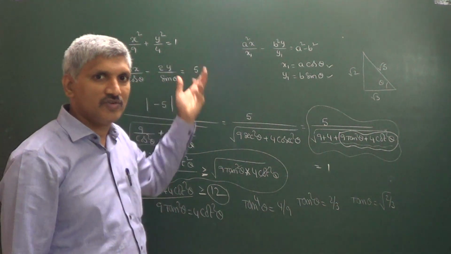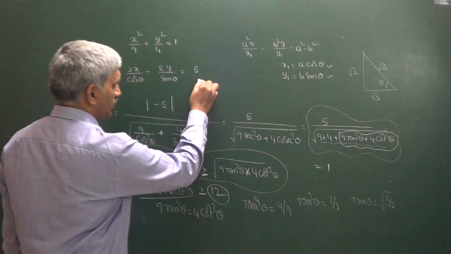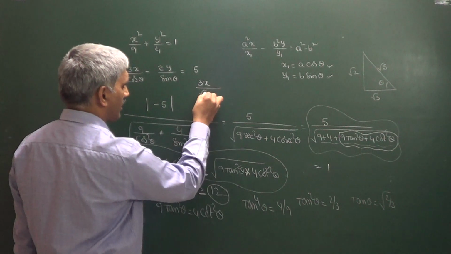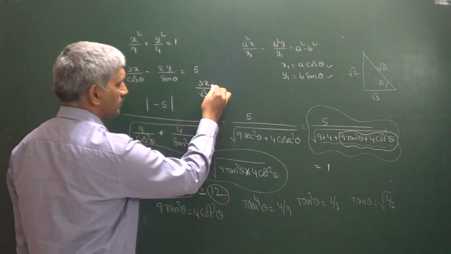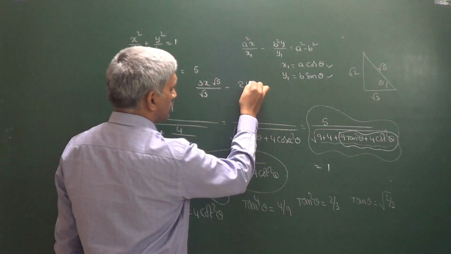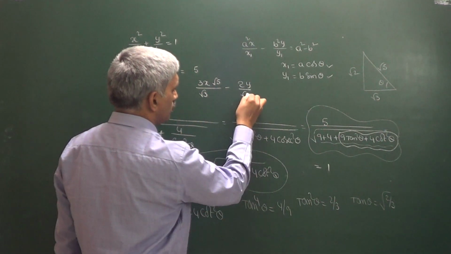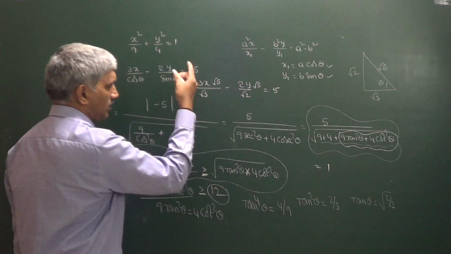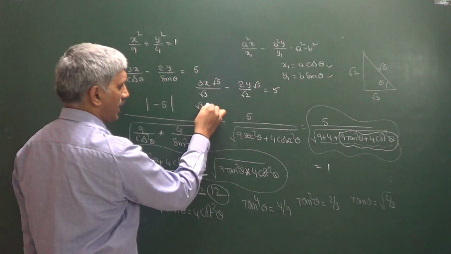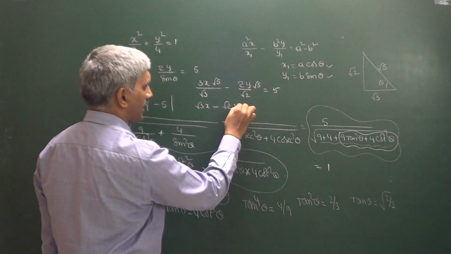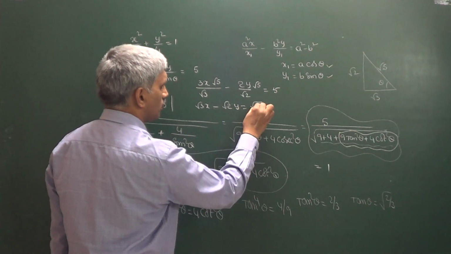So from that you will get the answer here. That means 3x divided by, in place of cos theta we write root 3 by root 5, minus, in place of sin theta we write root 2 divided by root 5, is equal to 5. Now root 3 into x plus or minus root 2 into y is equal to root 5.